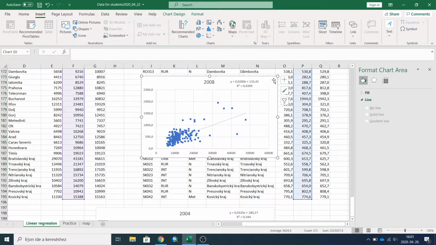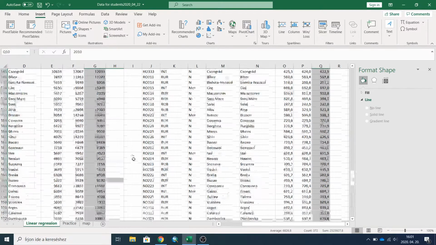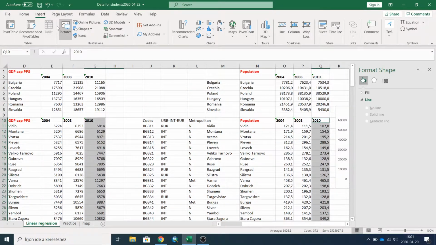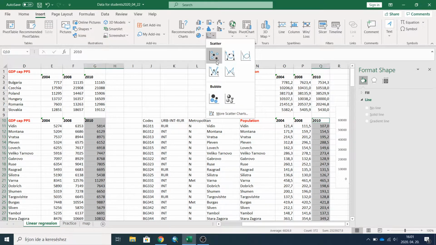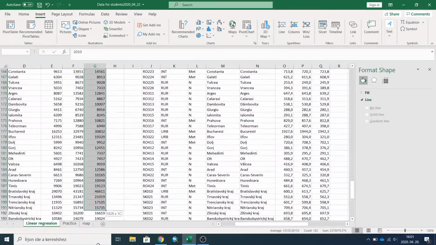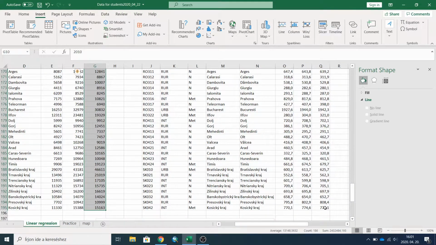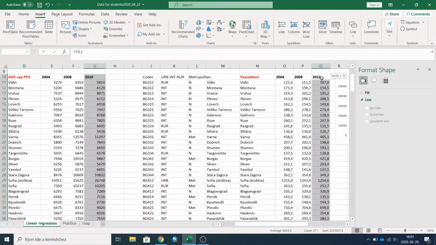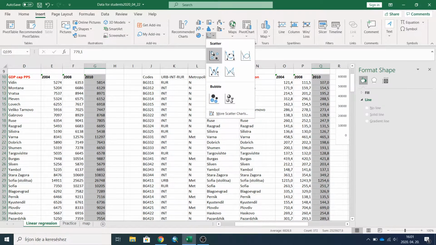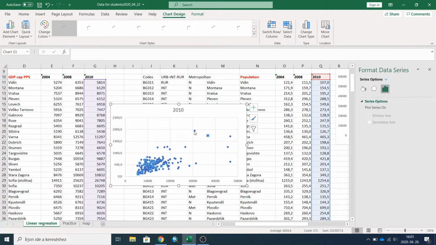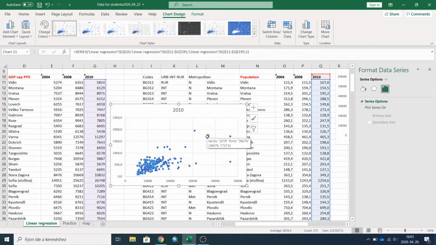Oh, sorry. Let's calculate again. Oh, a little bit of a mistake. So in this case, insert charts, scatter, left click, one dot.